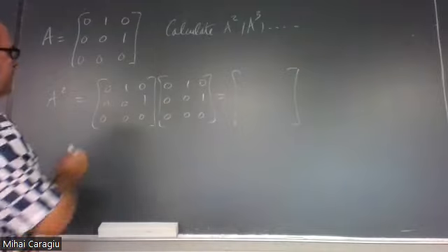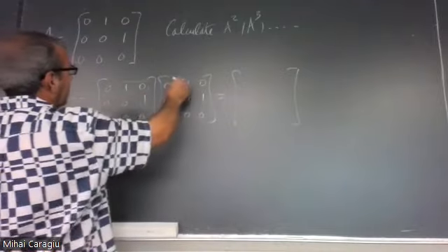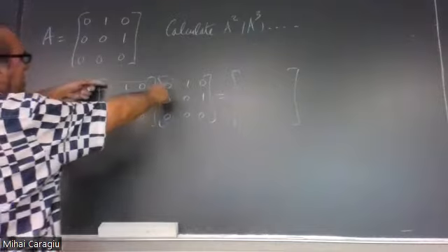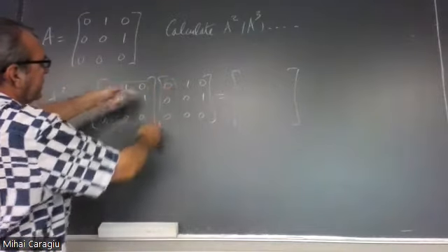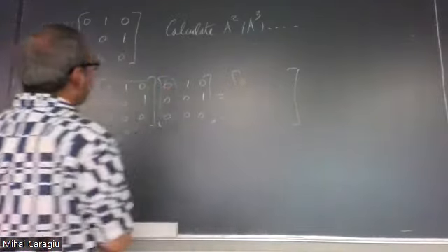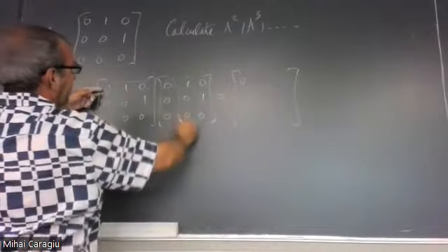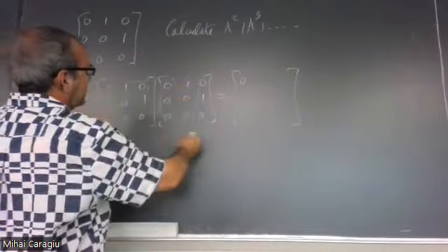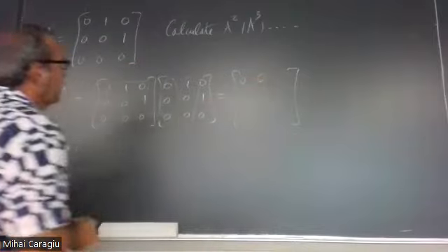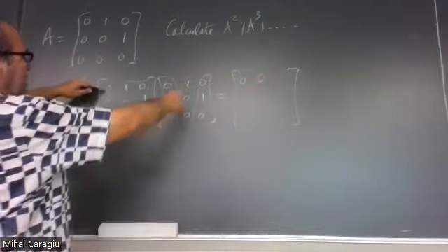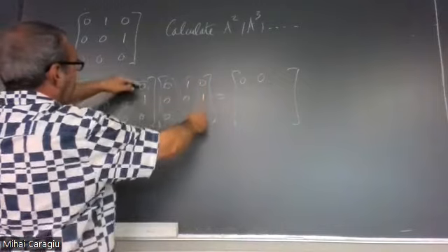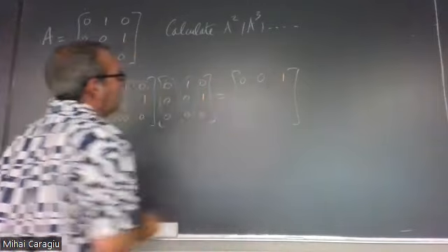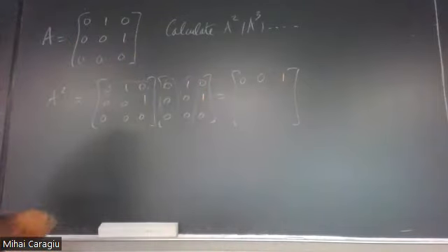So let's discuss first: 0 times 0, first, second, third. We get a 0. Second, first, second: 0 times 1 plus 1 times 0 plus 0 times 0, still 0. First, third: 0 times 0 plus 1 times 1 plus 0 times 0, we get a 1. Then, second, first.